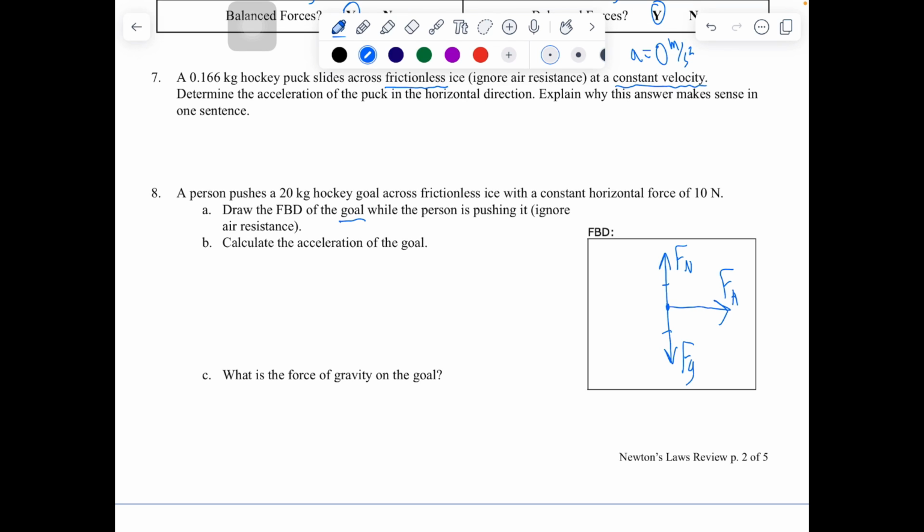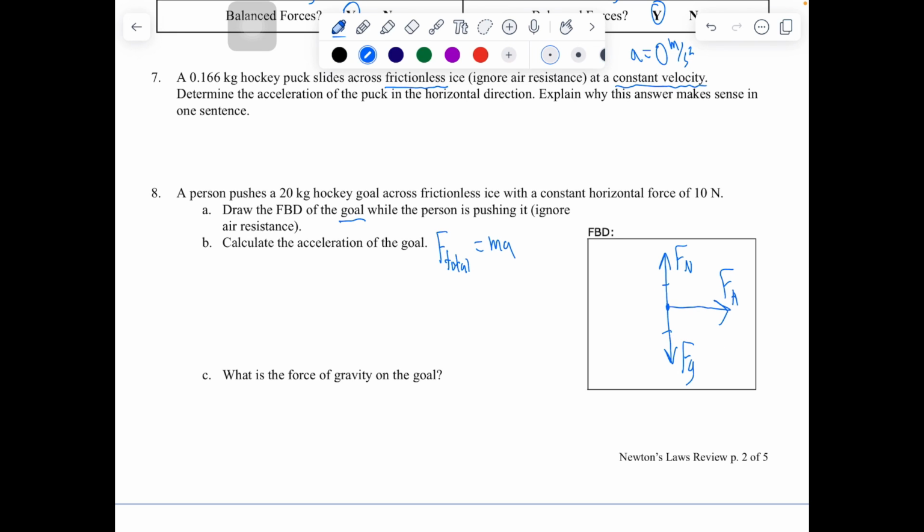Then, calculate the acceleration of the goal. We drew the free body diagram. What is our unbalanced force? Well, let's get a few equations out here. We know the total force is equal to mass times the acceleration. But the trick is, let's identify our unbalanced force. Our unbalanced force is this applied force. Normal force and gravity cancel out.